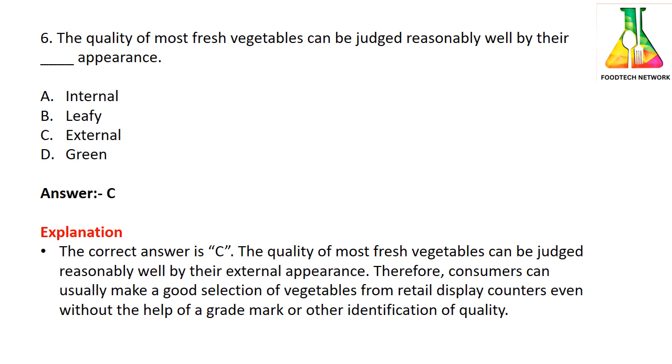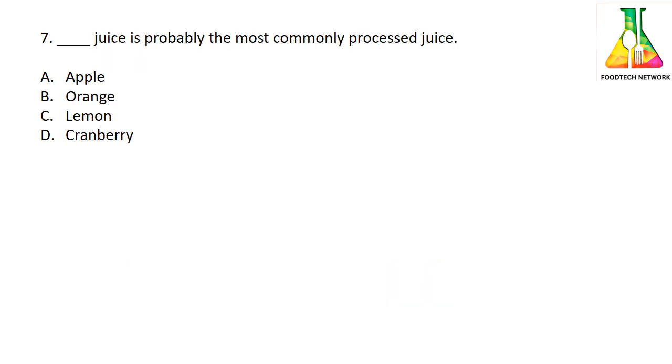The quality of most fresh vegetables can be judged reasonably well by their external appearance. Therefore, consumers can usually make a good selection of vegetables from their retail display counters even without the help of grade mark or other identification of quality.